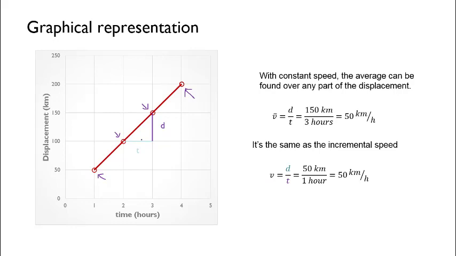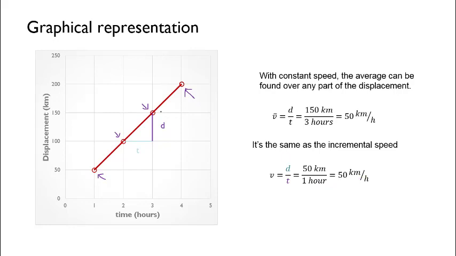I've outlined it with a couple of lines. A line indicating the change in displacement, or rise on the graph, is a total change of 50 kilometers. Our change in time on the x-axis is an hour, marked with the blue line here. Our relationship then becomes 50 kilometers per hour for this increment, and that's 50 kilometers per hour once again.